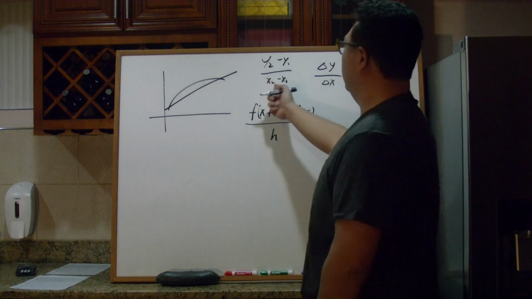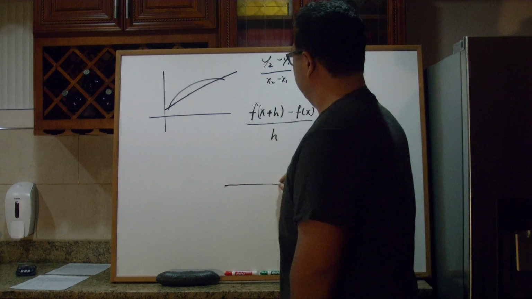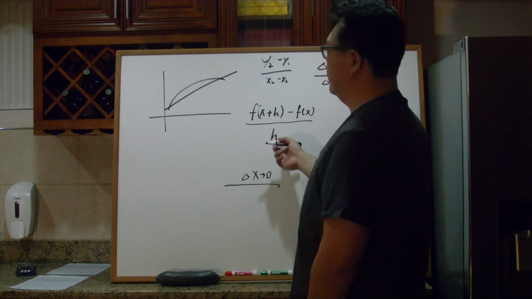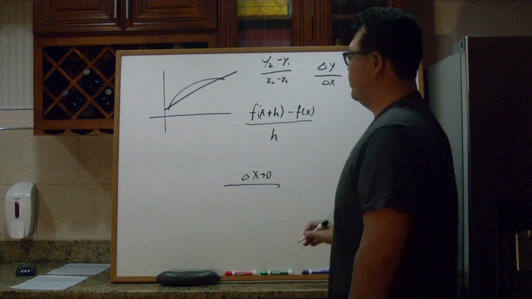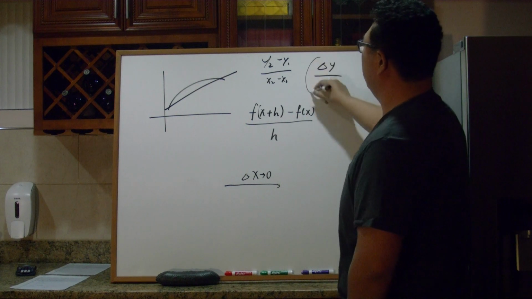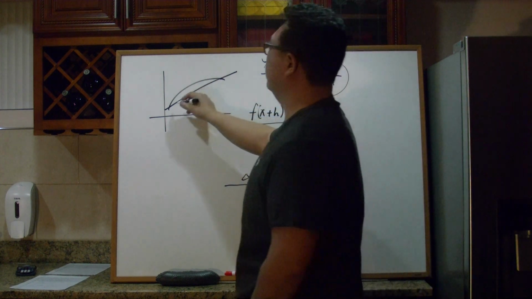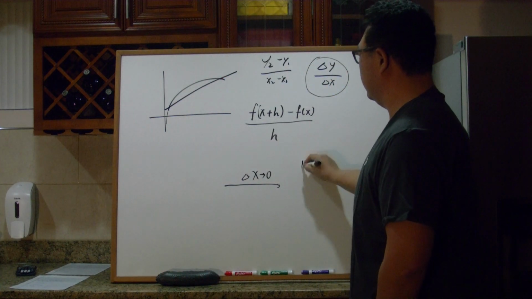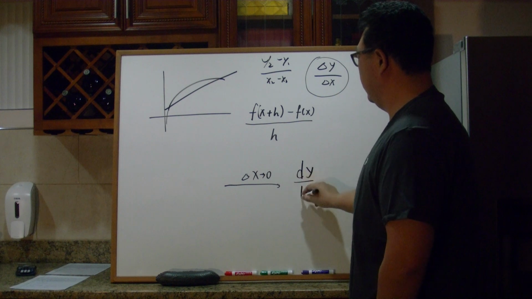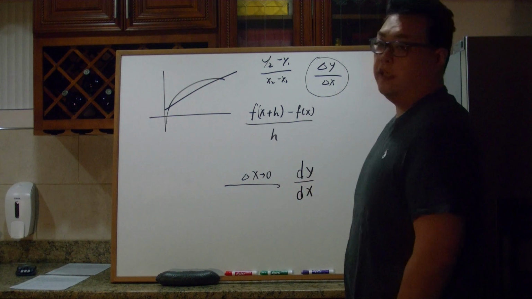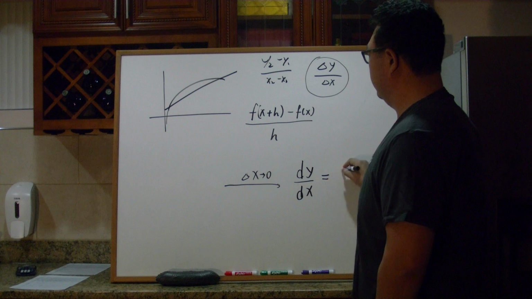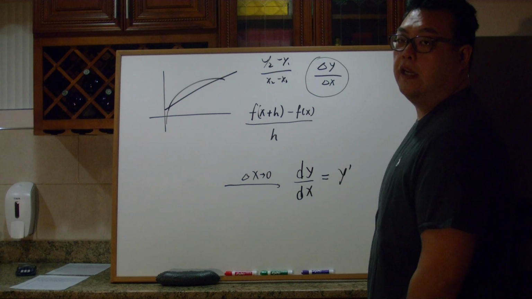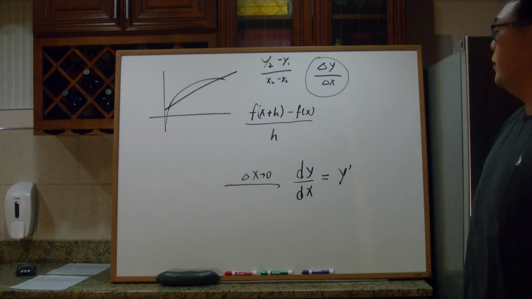When the difference in x approaches 0, in other words, the h here approaches 0, we no longer have delta y over delta x, but we have dy over dx as the derivative of y, dy dx equal y prime.